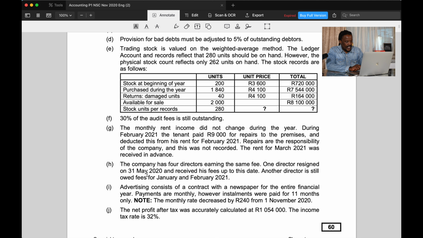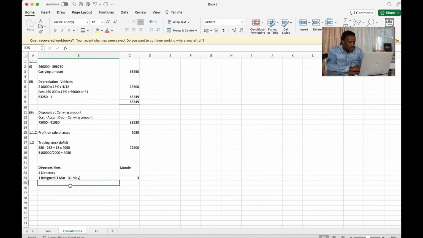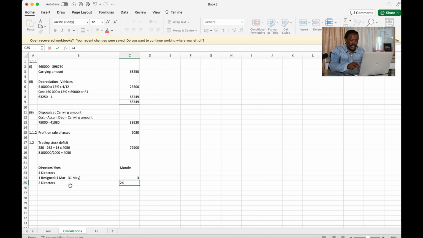Now, 1 director resigned and received his fees up to date. Another director is still owed 2 months. Now, 2 directors received their 24 months, 12 months times 2. But 1 director is being owed 2 months.